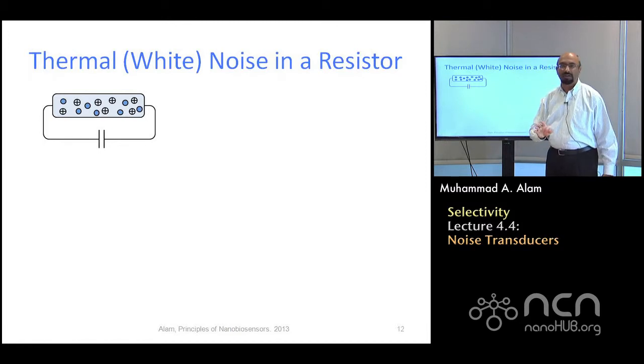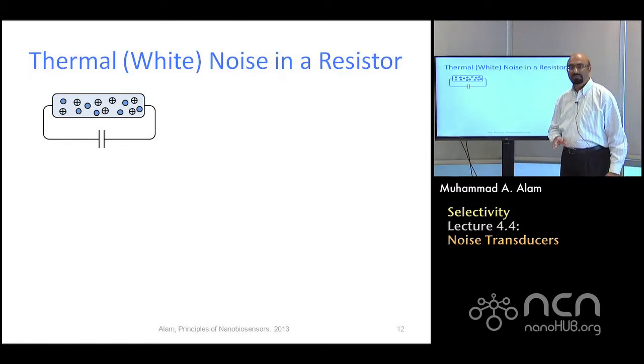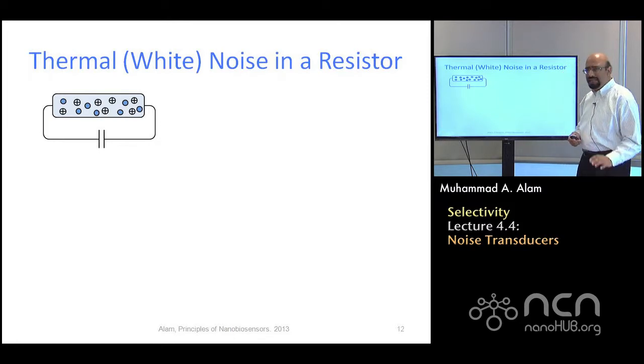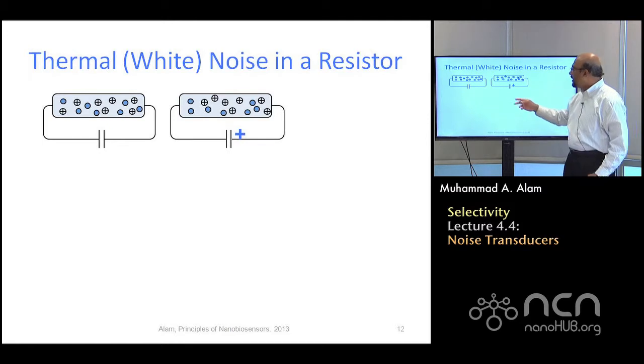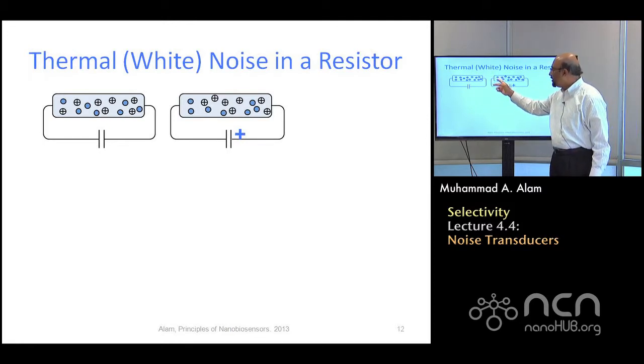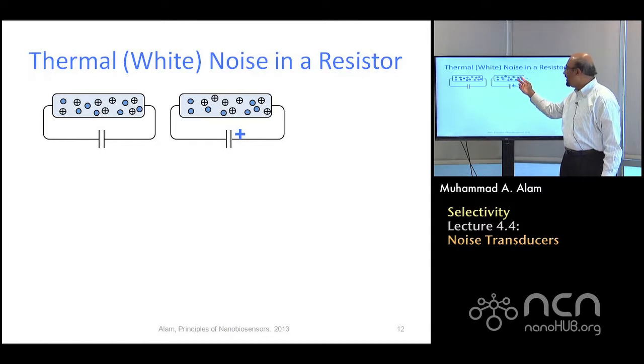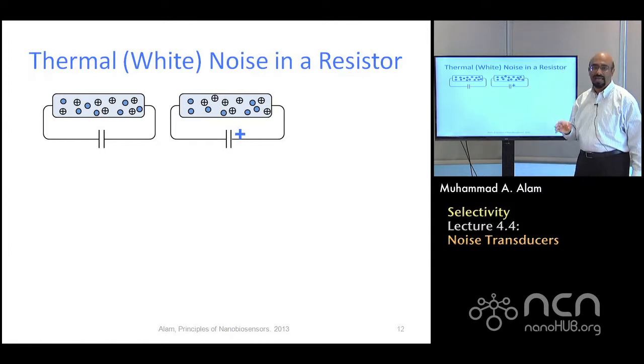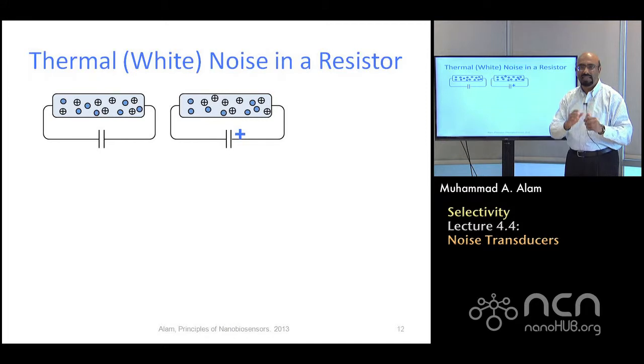You would think there would be no voltage generated. But that's only on average, because sometimes certain electrons, these blue electrons, may go to one side and the white holes may go to the other side, temporarily, statistically.